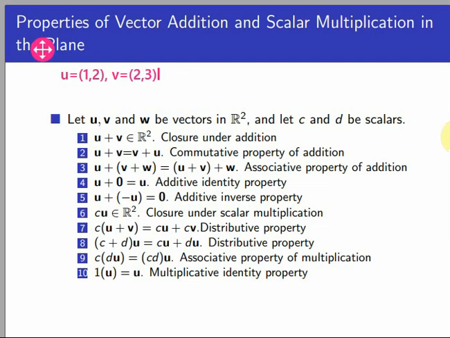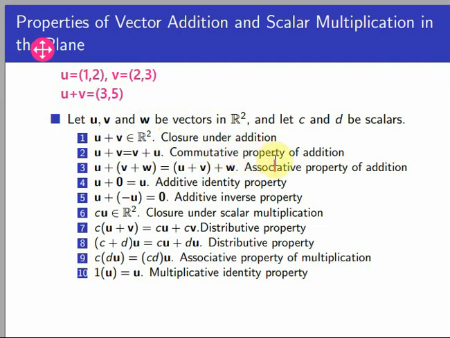Then u plus v equals 1 plus 2, which equals 3, comma, and 2 plus 3, which equals 5. And this is also an element of R2, right? So addition is closed under vector addition.